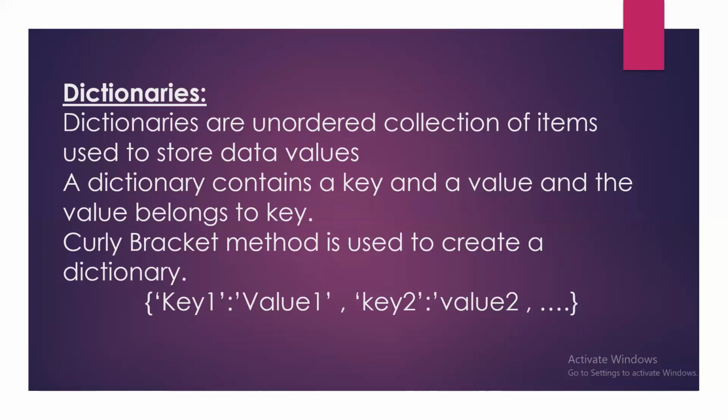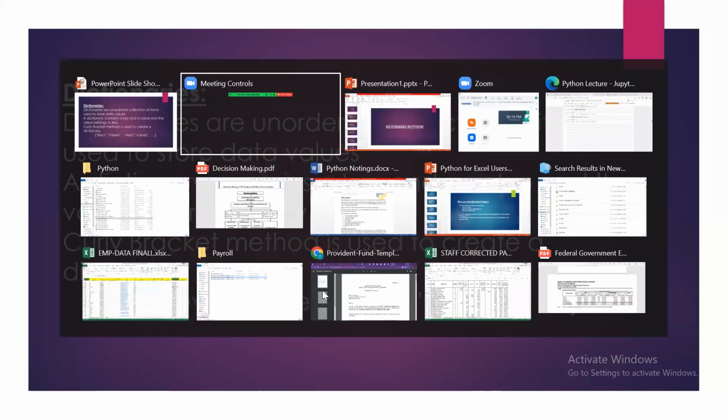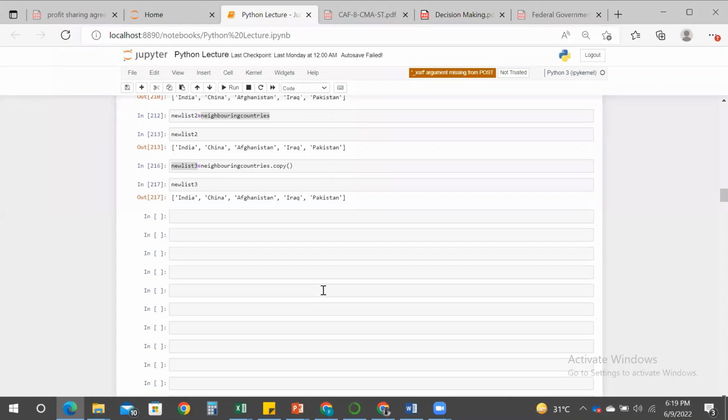So let's begin. Let's go to the Jupyter Notebook, and here we are on Jupyter Notebook. We can create a dictionary by using the curly bracket method, and we first give the key. Let's say the key is name, and my name is Farhan. That is the first item of the dictionary.